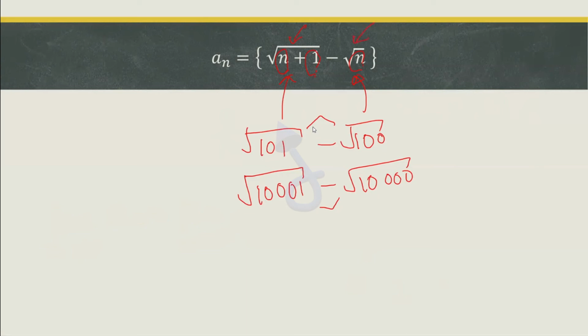And so we expect the limit to be very close to 0, if not 0. And if we do it using the arithmetic or algebraic operations that we have seen in the past, then we first write it this way.